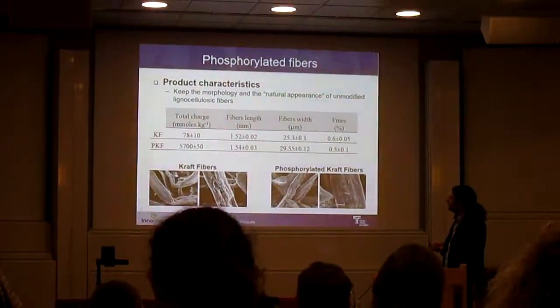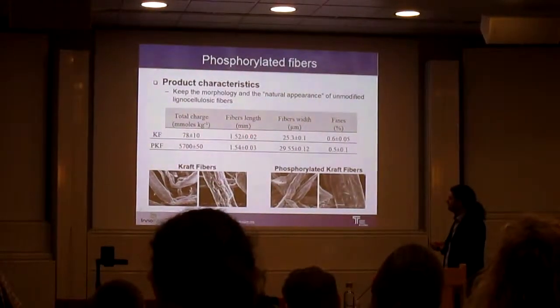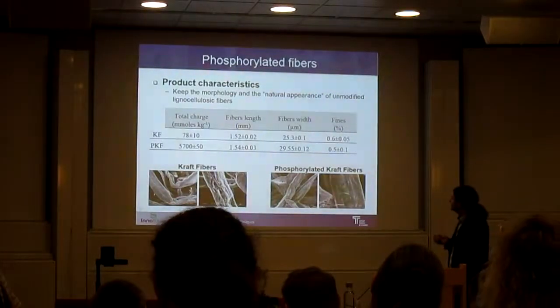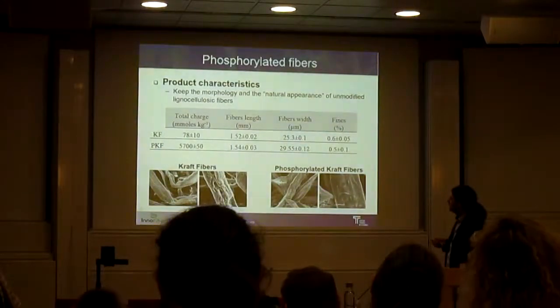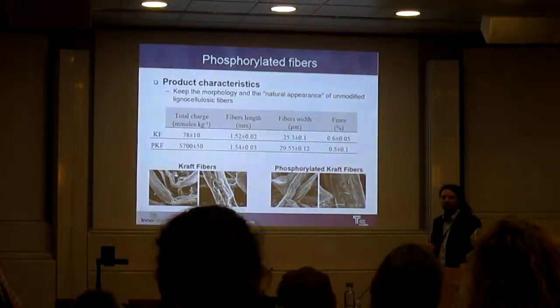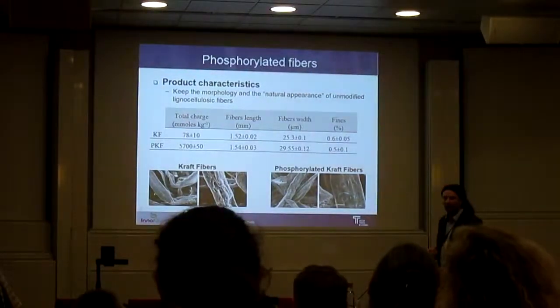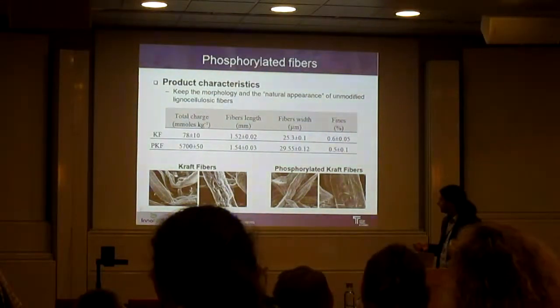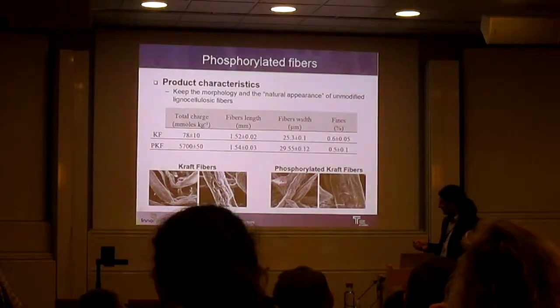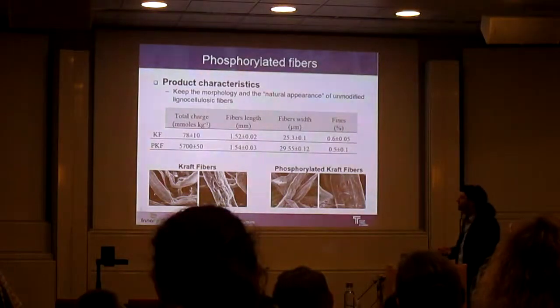If we take a look at the table, we see the fiber length is unchanged after the reaction. Fines content is unchanged. We have a 15% increase in fiber diameter, which is understandable because we graft a very polar function at the molecular fiber surface. But the difference is here in terms of charge.